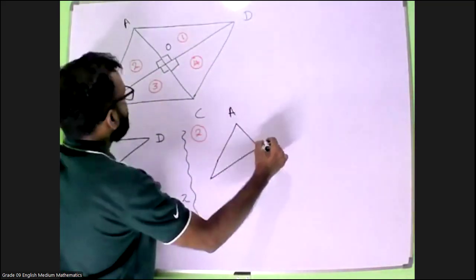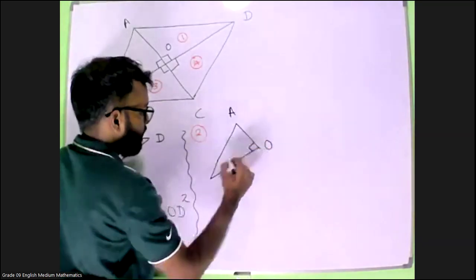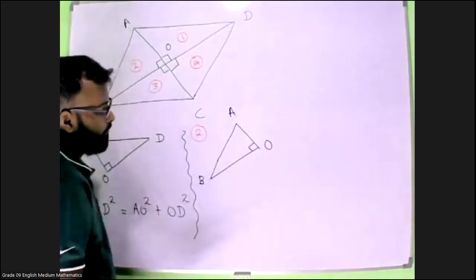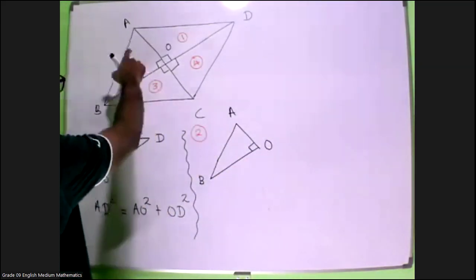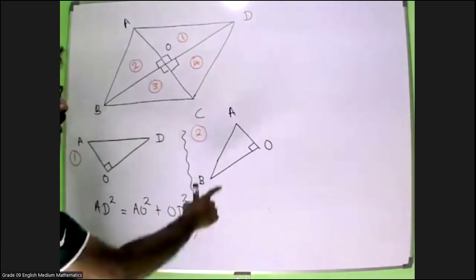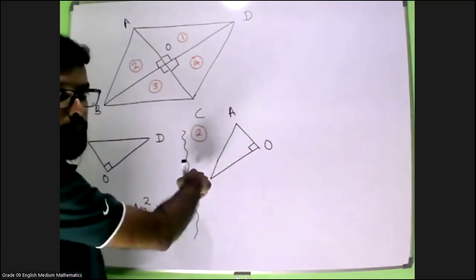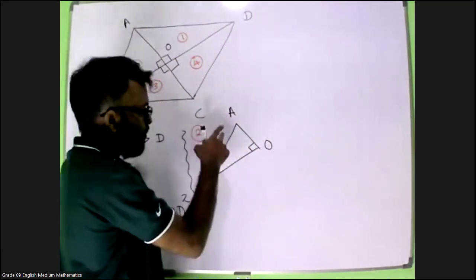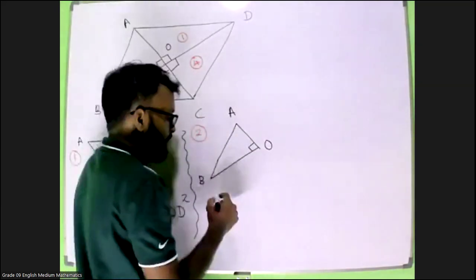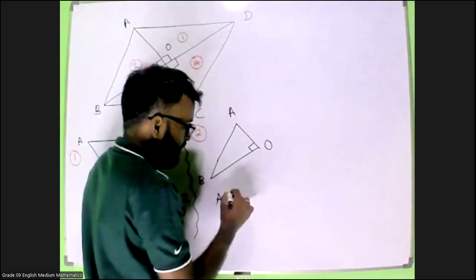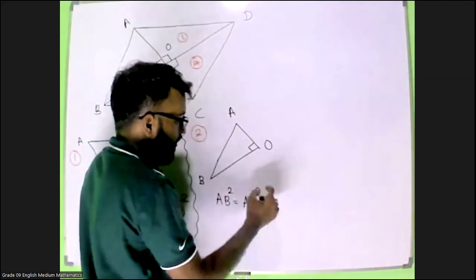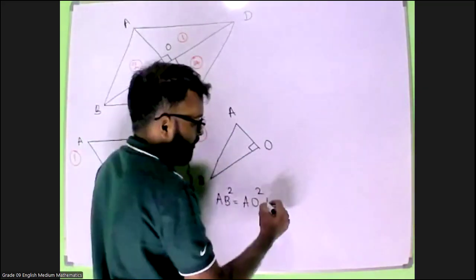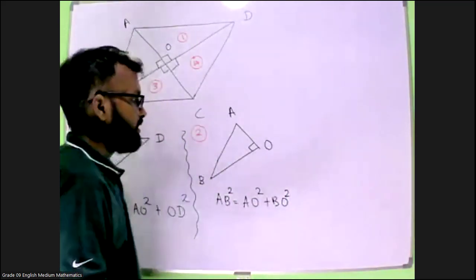This is A, O, and B. This is my second one. How do you apply the Pythagorean relation? What is the hypotenuse? Hypotenuse is AB. That means AB square equals AO square plus BO square. Right?